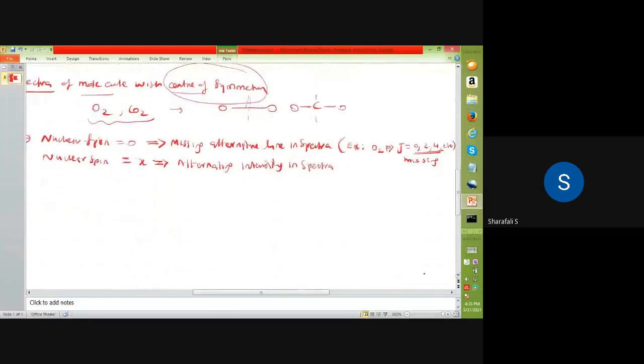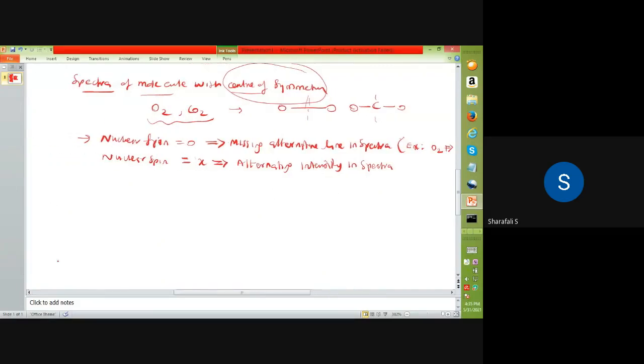Okay, so that's about the nuclear spin effect on your spectra. Because of nuclear spin, you will have missing alternate lines. You also have alternating intensity spectra. So why are these things needed? If alternate lines are missing in your spectra, it means your molecule has a nuclear spin. That is your observation.